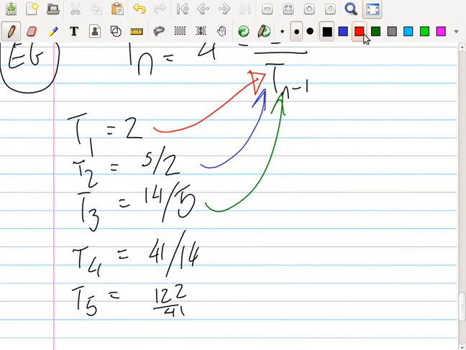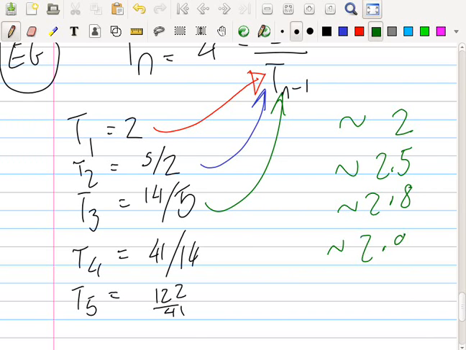Now, if you look at each one as a decimal, this is roughly 2, this is 2.5, 14 divided by 5 is 2.8, 41 divided by 14 is 2.93, and this one here is 2.98.